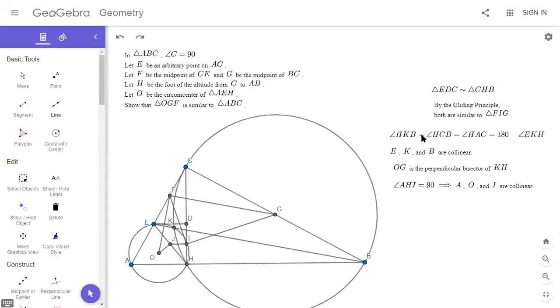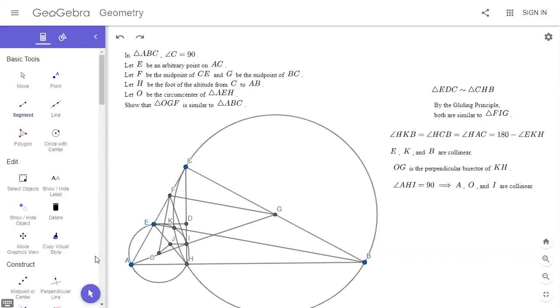It also has to pass through the circumcenter of ABC. Yeah, I know you're right. This fact right here is wrong. A, O, and I are not necessarily collinear because, well, actually wait, why aren't they? I'm trying to. Okay, now I'm really confused.